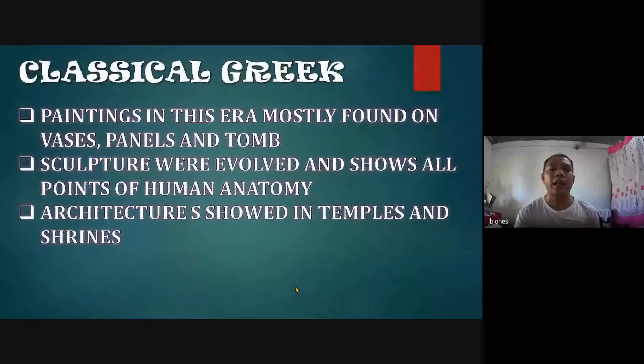In the classical Greek era, the paintings were mostly found on vases, panels, and tombs. Before, in ancient Egypt or prehistoric, it was in the tomb or cave. Now their paintings were placed on other media: vases, panels, and also tombs. Vases are like flower vases.